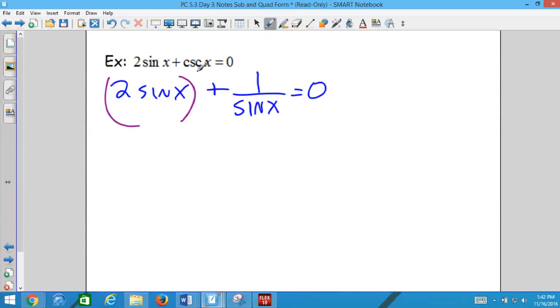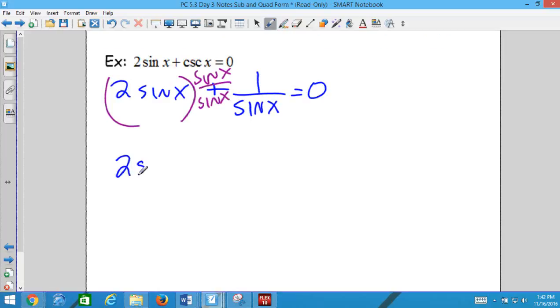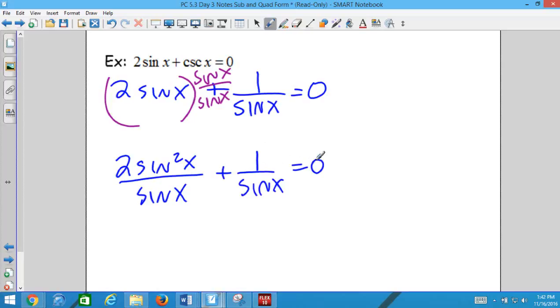Like this one here. I didn't do it this way, but we can explore it. That's what I did, but I'm going to explore this way. That's going to give us 2 sine squared x plus 1 over sine x.